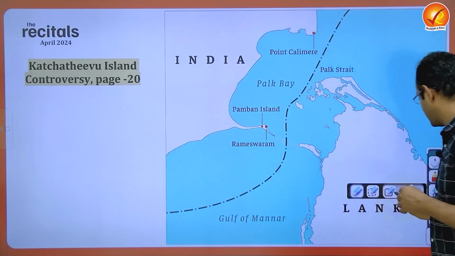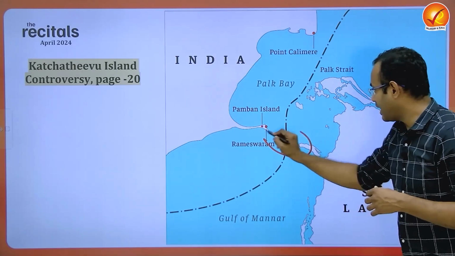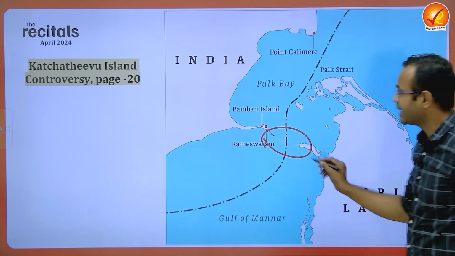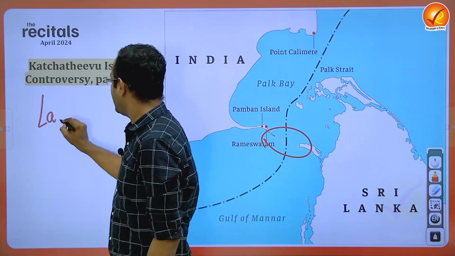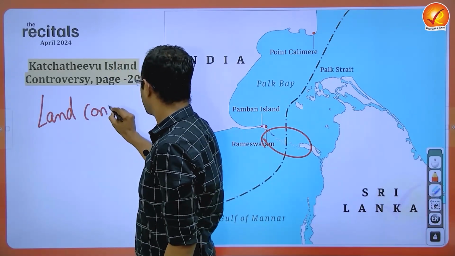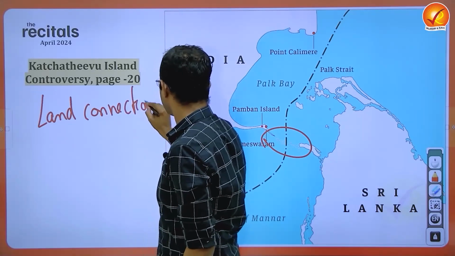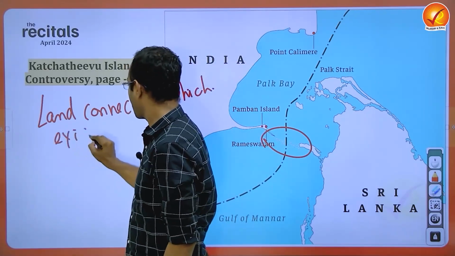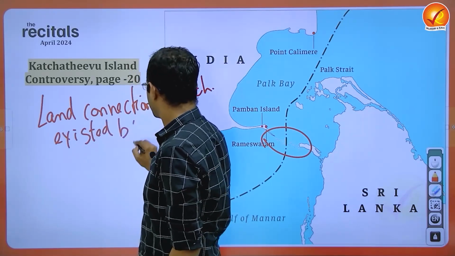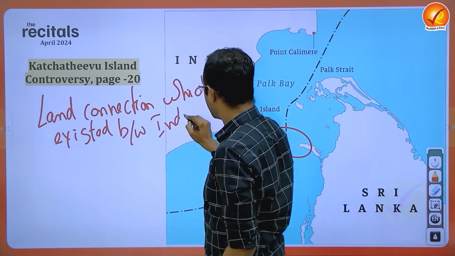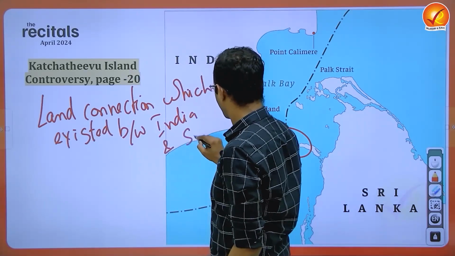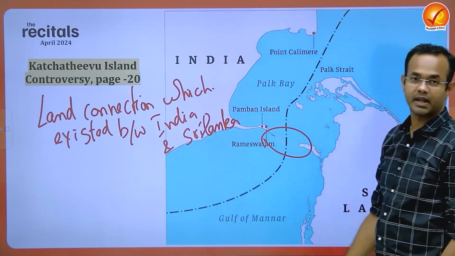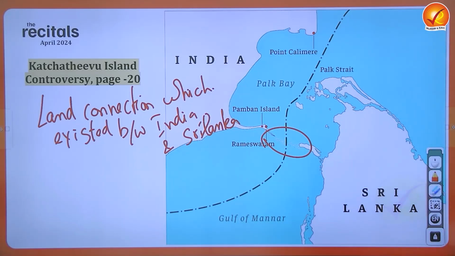Geologically, Adam's Bridge is considered a land connection which existed between India and Sri Lanka.